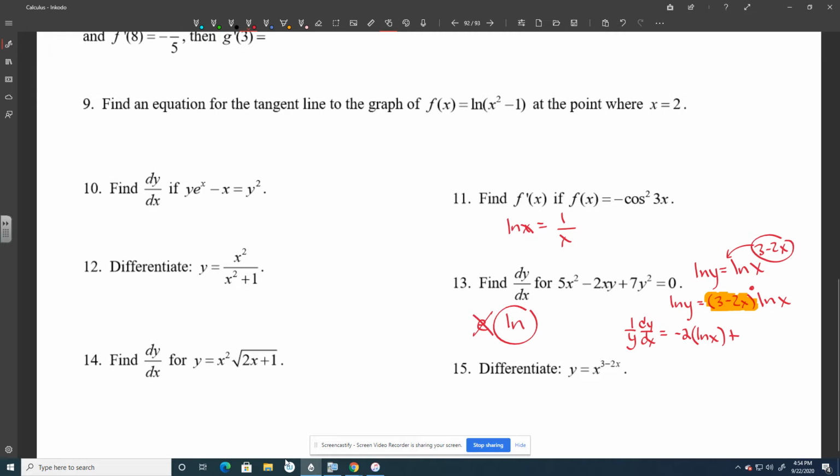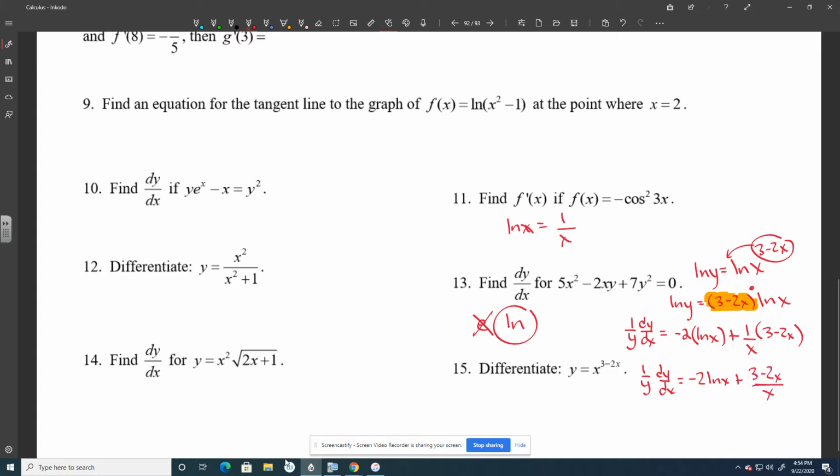Well, the derivative of natural log of x is just 1 over x multiplied by the first, which is 3 minus 2x. So when I rewrite this, I get 1 over y dy/dx is equal to negative 2 natural log of x. And then I'm going to add this 3 minus 2x can just go to the top, all over x.